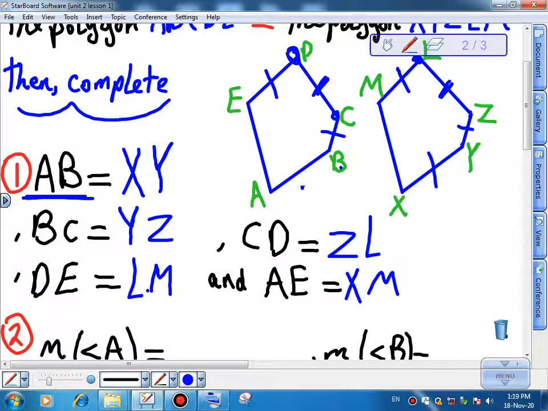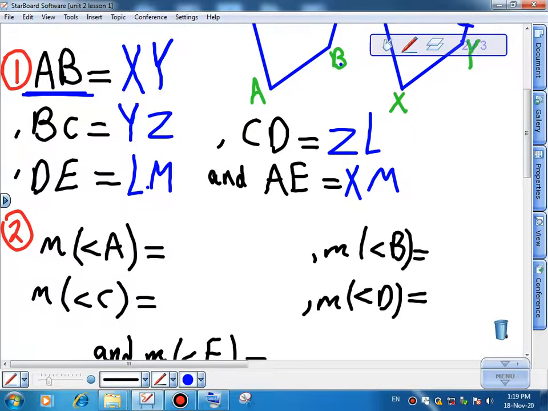The next case will be the angles. All angles must be equal in measure.